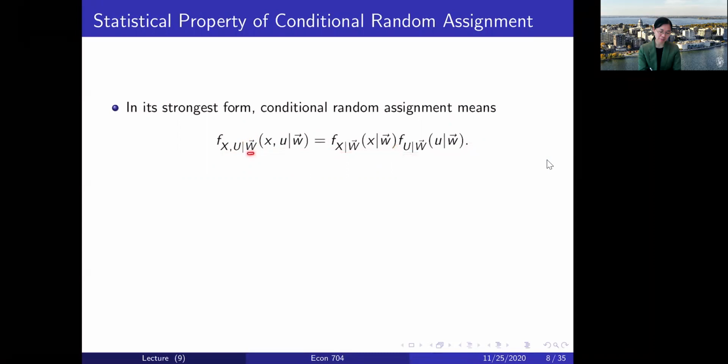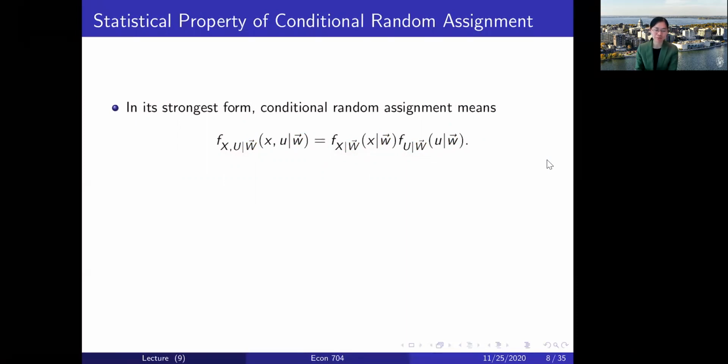So conditional on W, the joint distribution of X and U equals the product of the conditional density of X and the conditional density of U, both given W. So now if you ignore the W here, that is just independence, right? That is just independence between X and U. But with the W, this is the conditional independence between X and U. So this is the strong form of conditional random assignment.